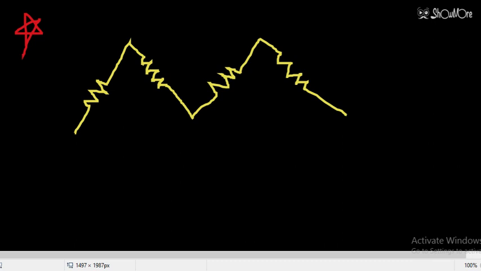Let's name them R1, R2, R3, R4. Sometimes you are unable to find which combination is series and which is parallel. So these are the four resistances.